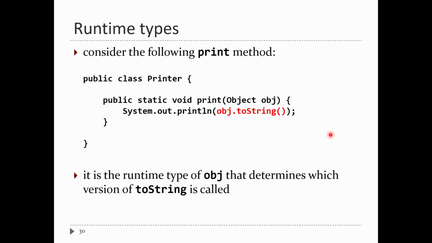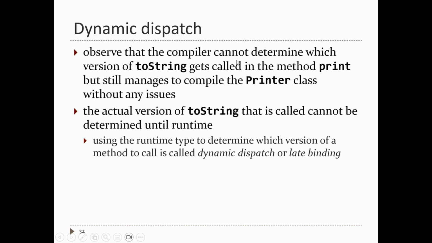So the compiler happily compiles this code. It's not until you run this code that the actual version of toString that gets called is determined. No one knows what that's going to be until you actually run the code.